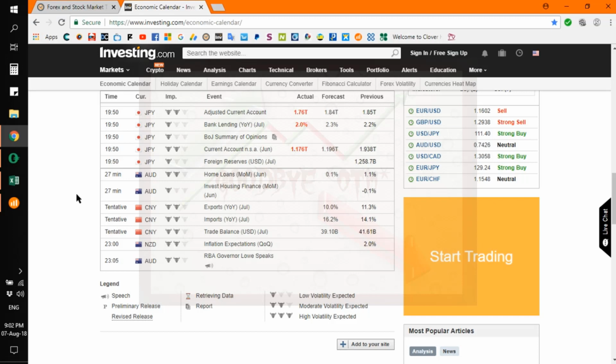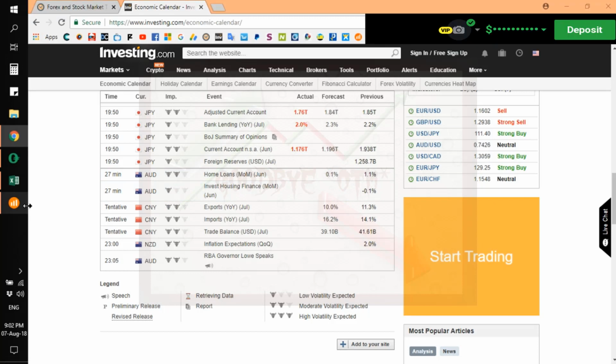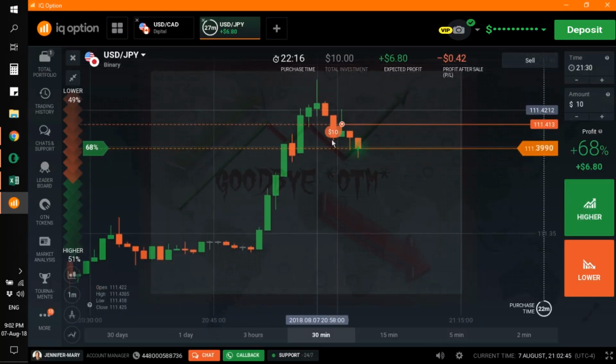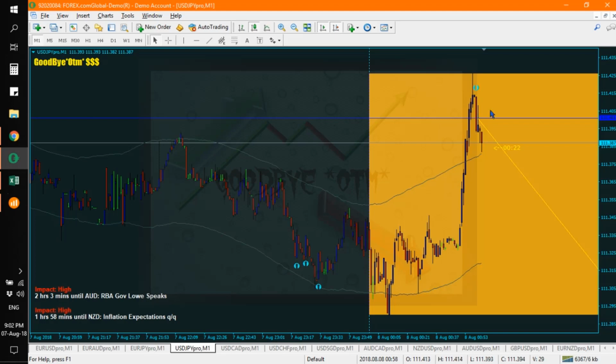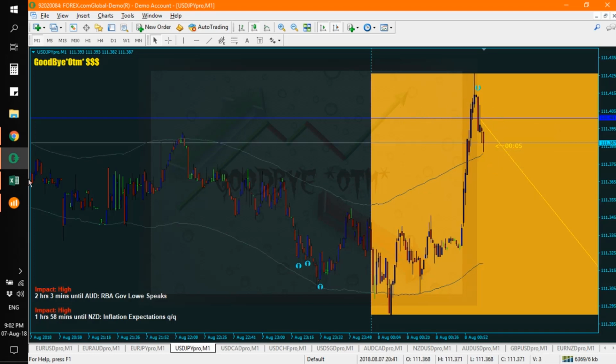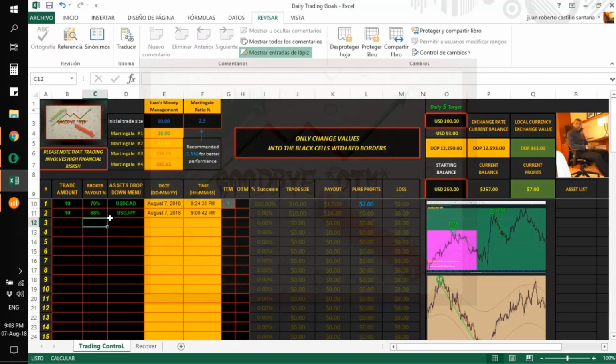Even though JPY has very much to do with Australian dollar, let's wait until the end of this. 27 minutes left for this news to come out, and also 27 minutes left for this trade to expire, which is currently going ITM based on our Goodbye OTM Arrow Template on our version 3.1. Let's see then the end of this trade. So this is our second trade of the session.